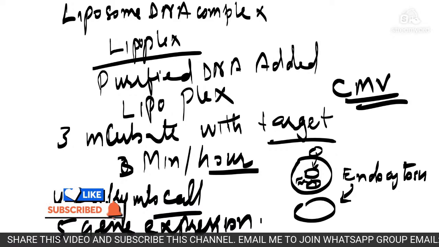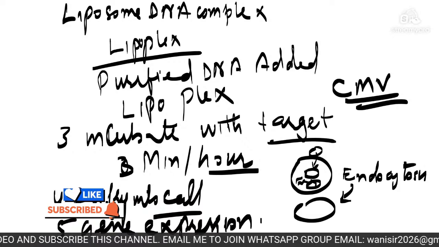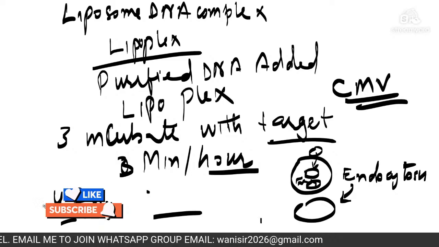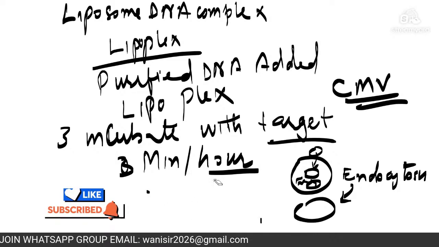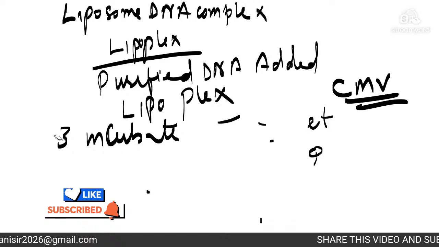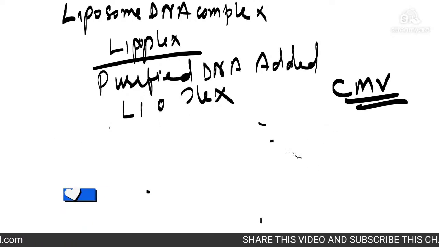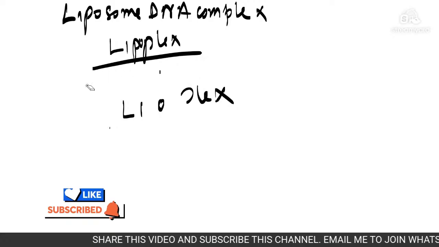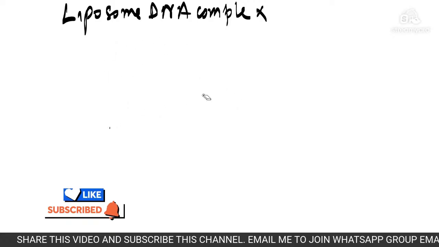So, why use liposomes? What are the advantages and limitations of these liposomes? This is very important to understand, because you will ask why we are studying liposome-mediated gene transfer if we have vectors, direct gene transfer, and the gene gun.